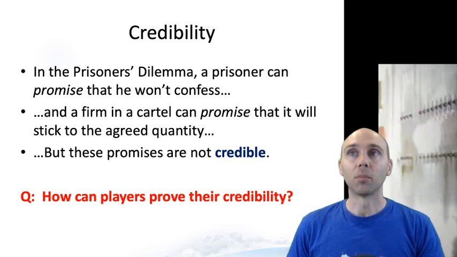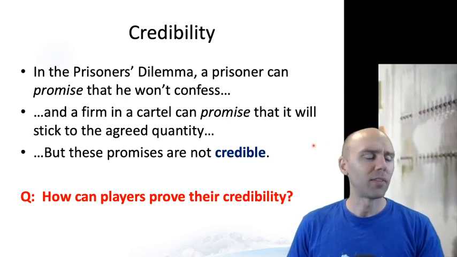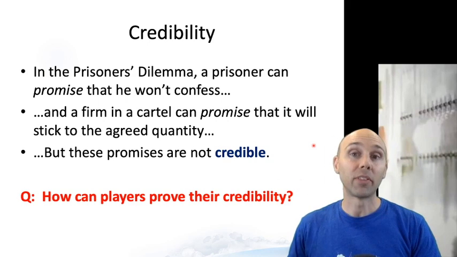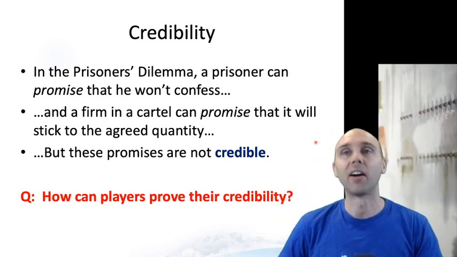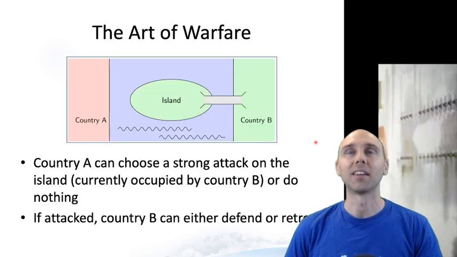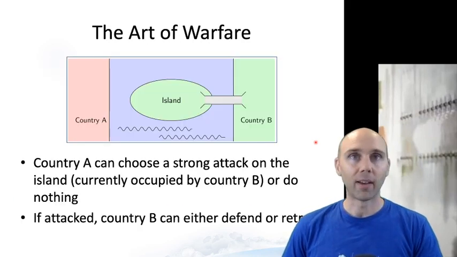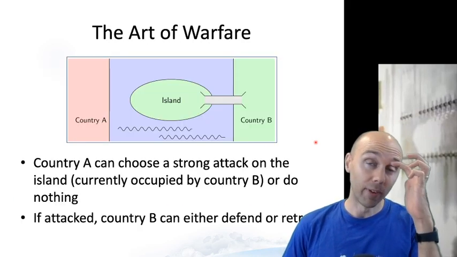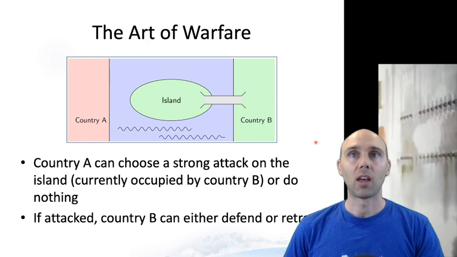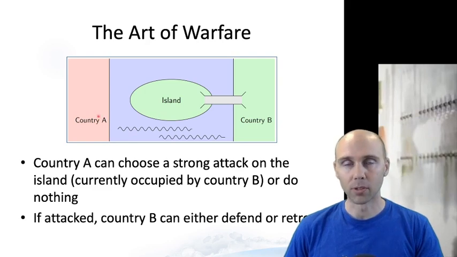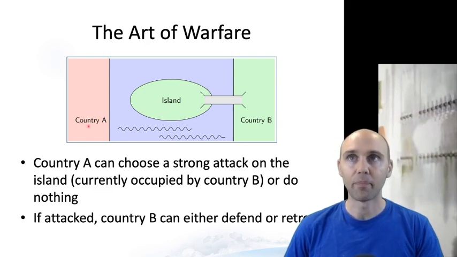Well, let's look at a completely different example. One of the nice things about game theory, by the way, is that we can illustrate the concepts in quite fun ways, I think. So let's look at a warfare example now, medieval warfare. We've got two countries, country A and country B. Country A has got an army that's coming to invade country B. Country A's got boats ready for a naval attack.